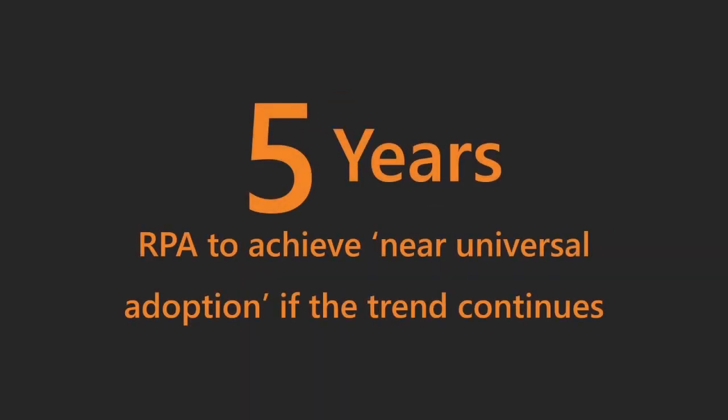In 5 years' time, RPA is expected to achieve near universal adoption if the trend continues. So this is a very good time for everyone to learn this tool and be able to execute when it is universally adopted in all organizations.